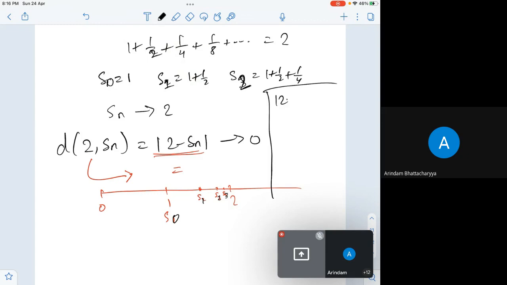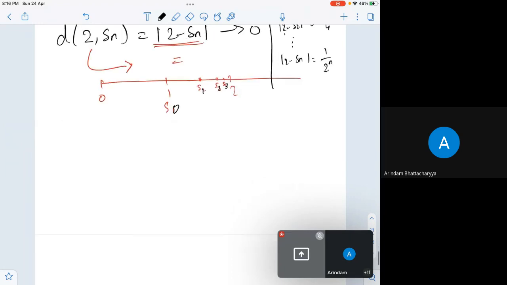So what's 2 minus S0? 2 minus S0 is 1. 2 minus S1 is 1/2. 2 minus S2 is 1/4. 2 minus Sn would be 1 by 2 to the n.